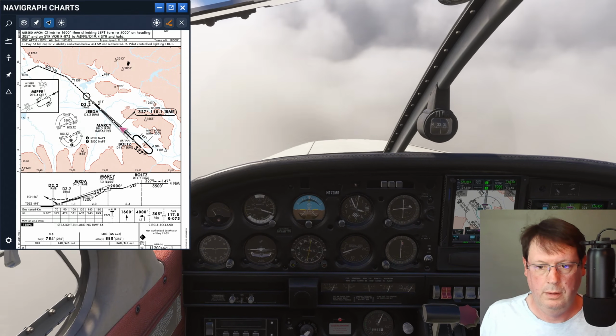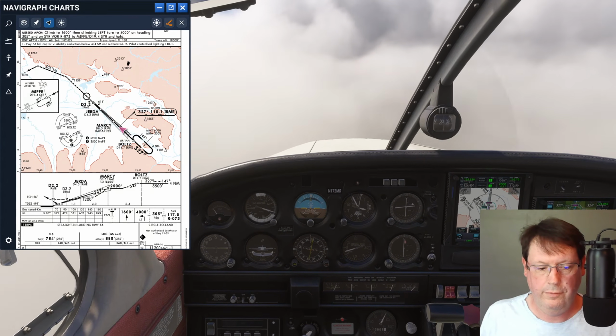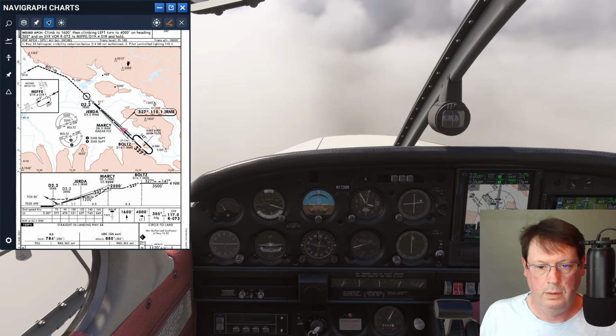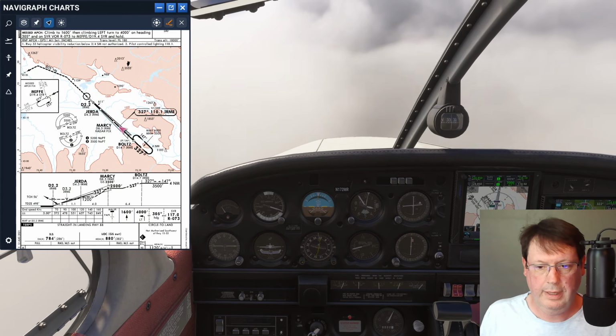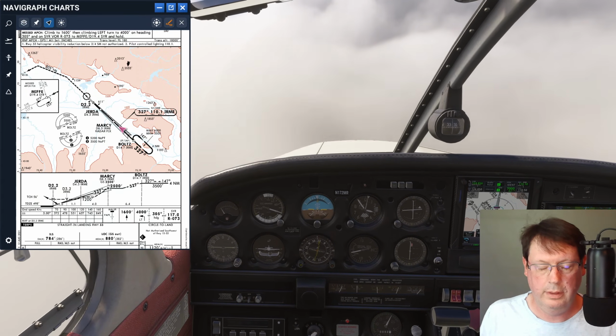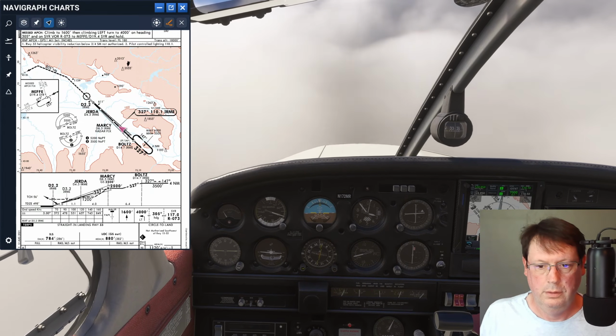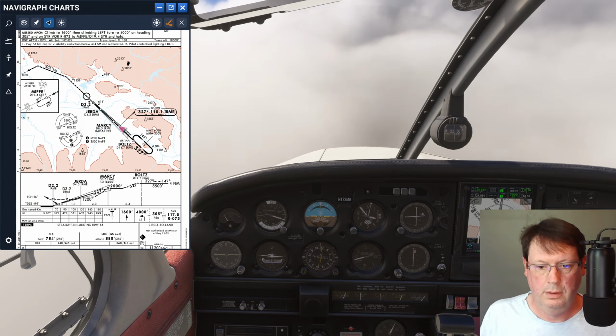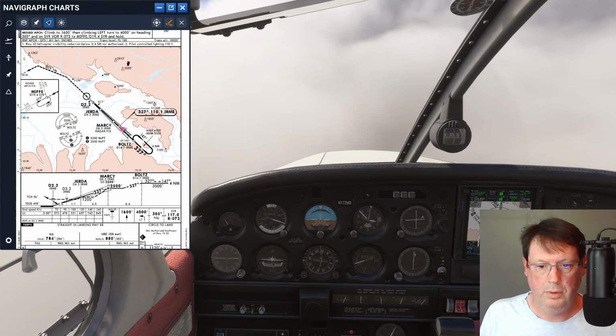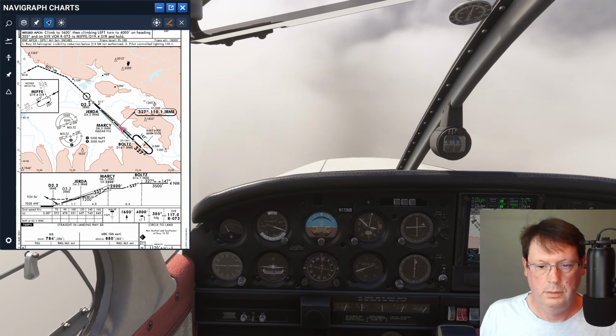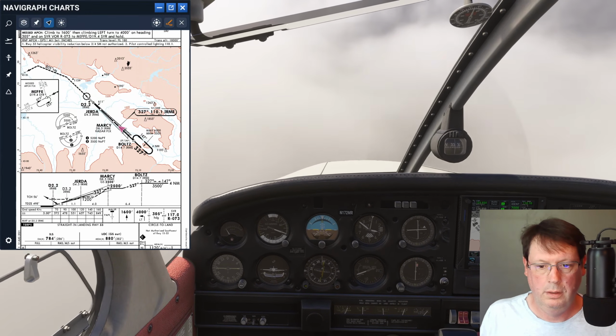Little bit of power. Alright, 3,000 for 800. What you do is you start counting down the distance, or the altitude, rather. 2,900 for 800. You just keep doing it. Trying to correct back to the right here.